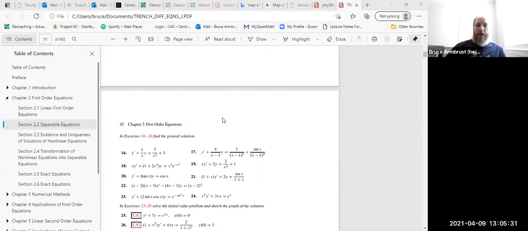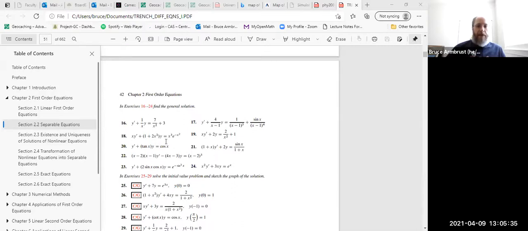All right, so here's the one from 2.1, and we're looking at number 18, right? And so number 18 just says find the general solution. All right, so we know what we need to do here, right? We just got to hope that it's one of the forms that we know. So really right now, the only form we know is linear first order. So is this linear first order?